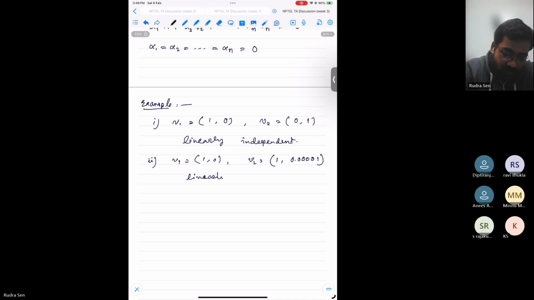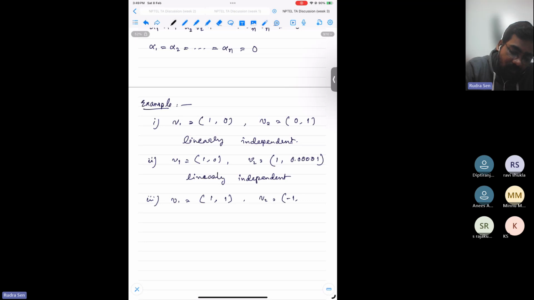Linearly independent. Now if we say v1 equals (1, 1) and v2 equals (-1, -1), are these two vectors linearly independent or linearly dependent in this question number 3?